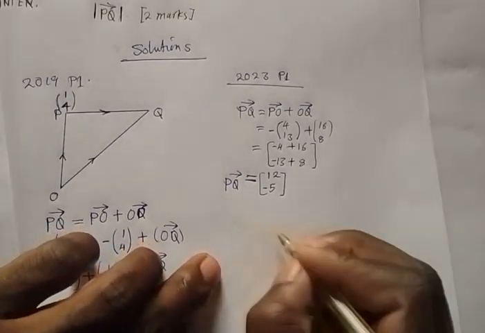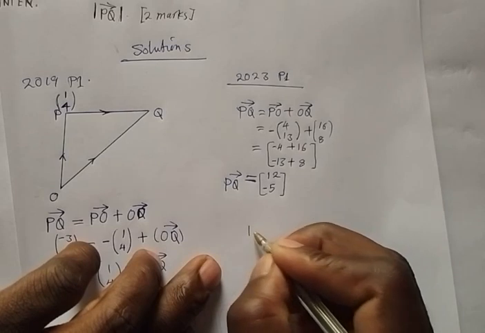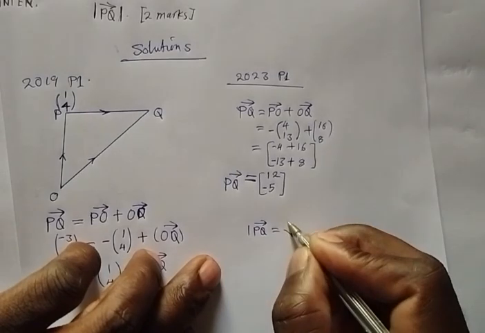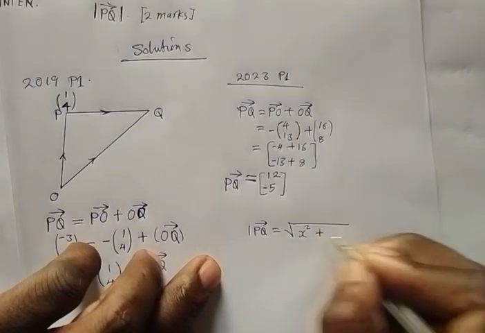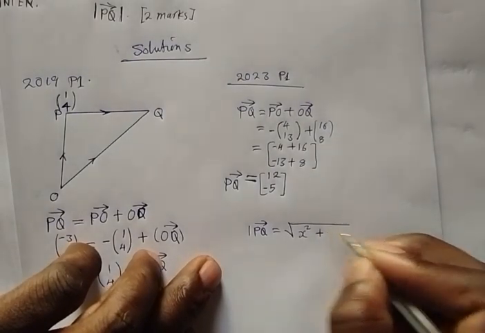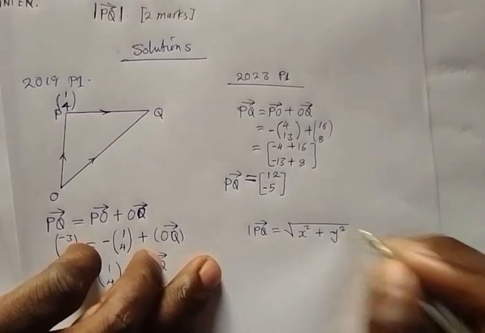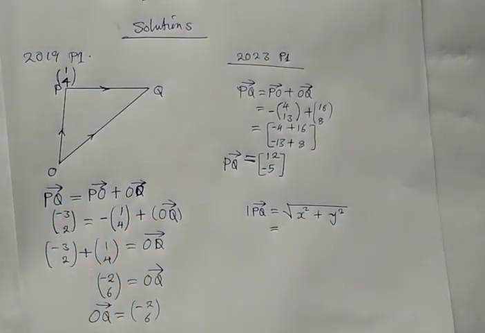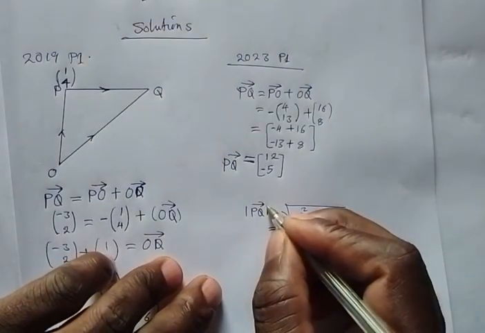The magnitude of PQ, which is vector PQ, is equal to the square root of x squared plus y squared. This is the formula when you are finding the magnitude of the vector.